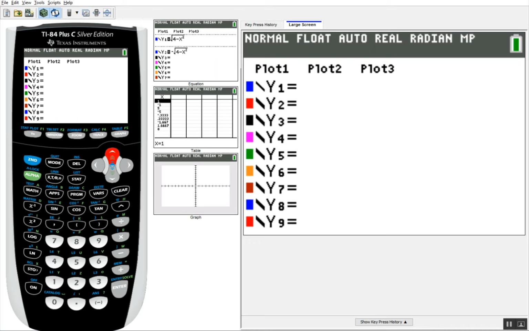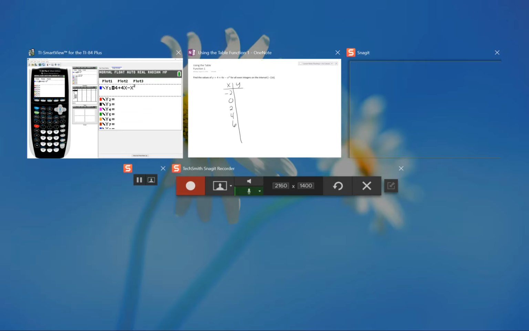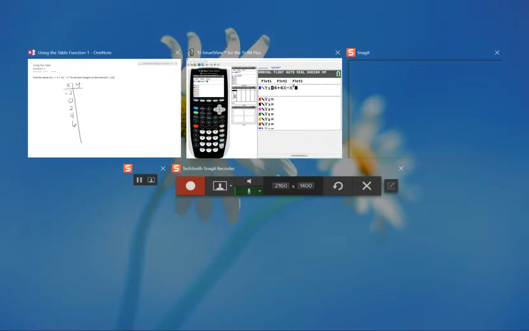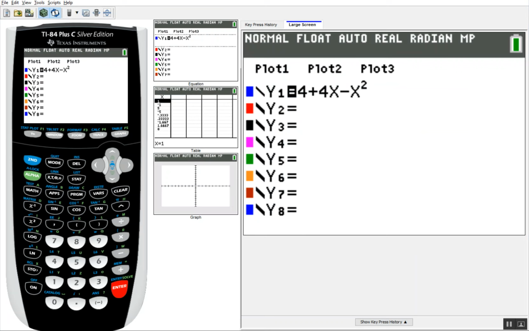So we want to enter our equation 4 plus 4x minus x squared, and let's double check to make sure I did not misremember that, because it is very likely that I have, and I have not, so that is good. Hit enter, and we can graph this, but I don't really care about the graph.